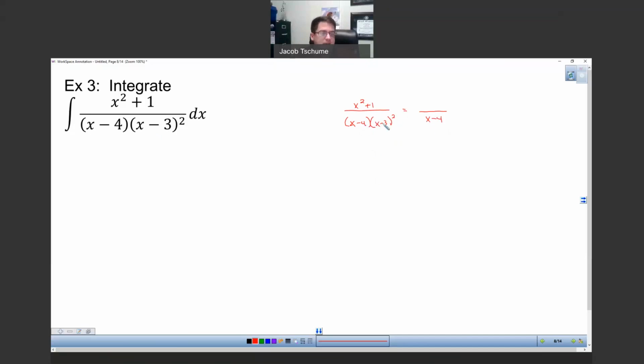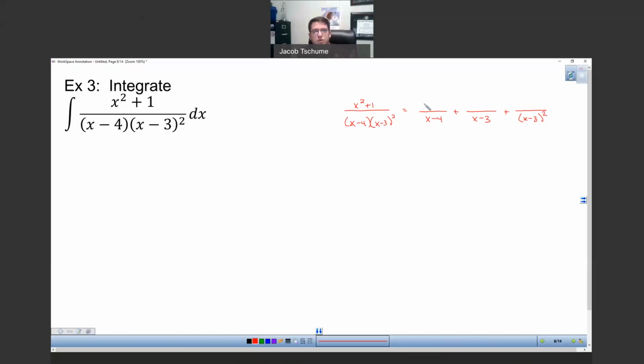And since x minus 3 is linear, but it's repeated, I'm going to need 2 fractions to break up the x minus 3. One of them would just be the first power, which is x minus 3, but you also need another fraction for the second term because you have to include every factor from the first power up to your final factor.